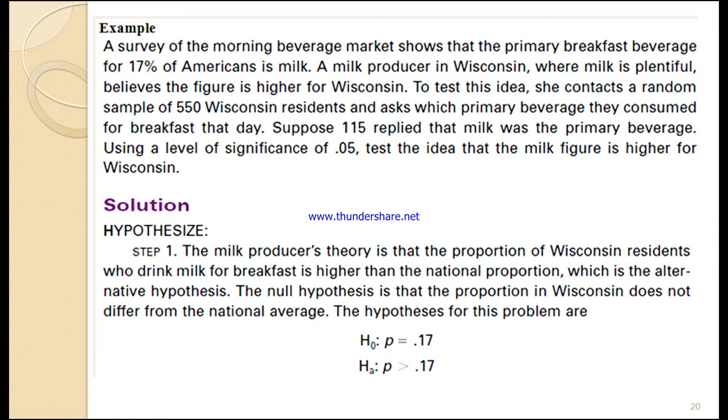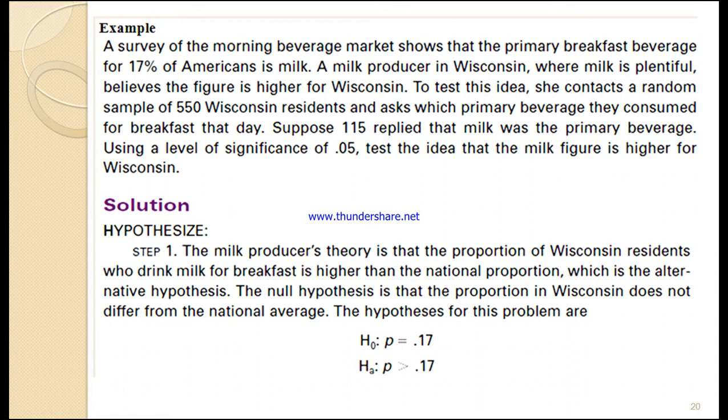let us test the idea that the milk figure is higher for Wisconsin. We are going to test this hypothesis by working through the HTAB system of hypothesis testing. The first step is establishing the null and alternative hypotheses.